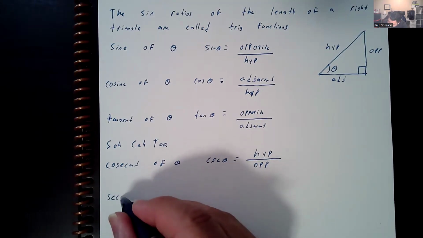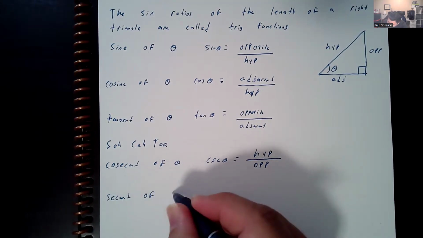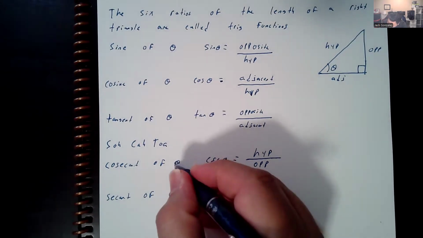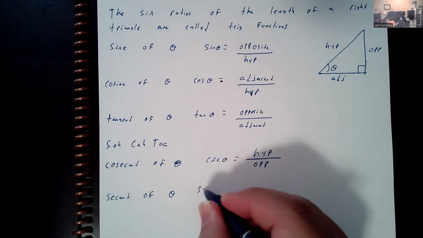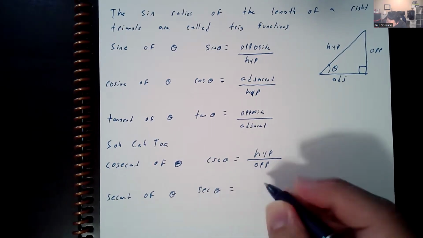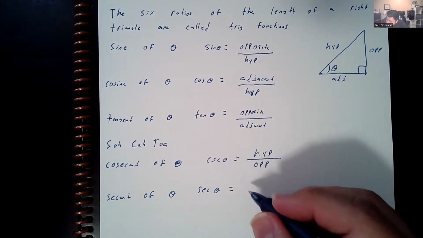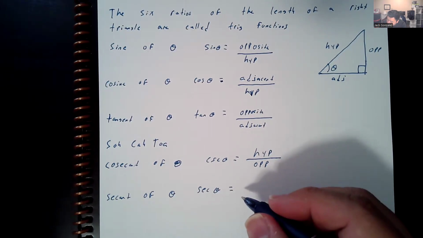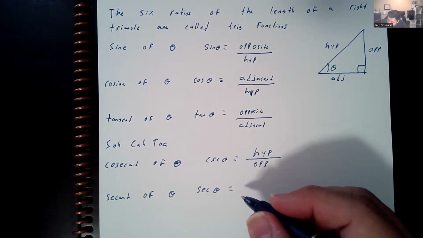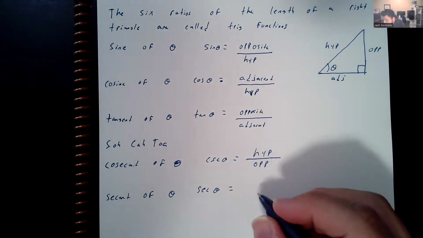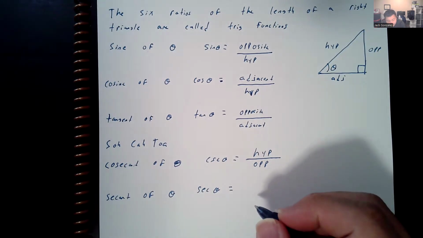Secant of theta is equal to the reciprocal of cosine.